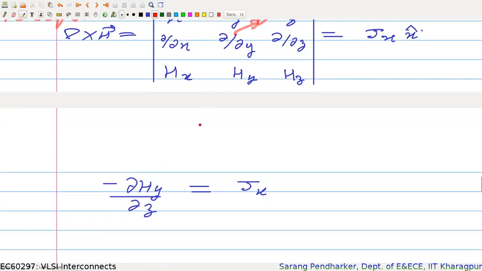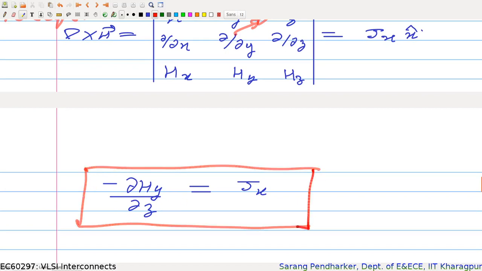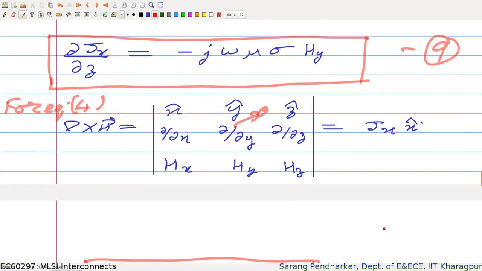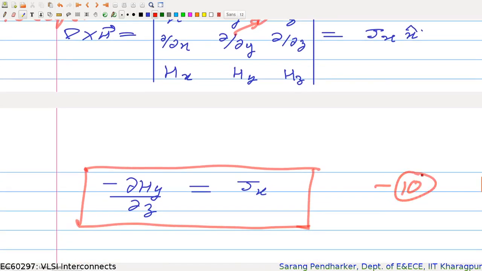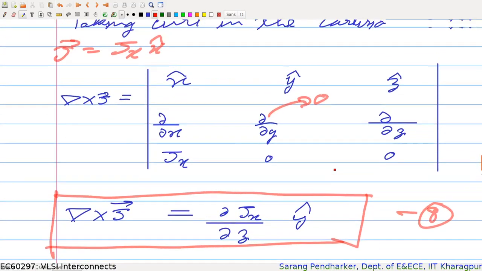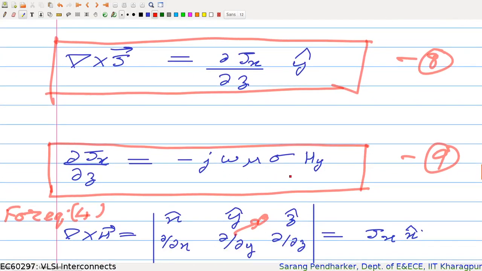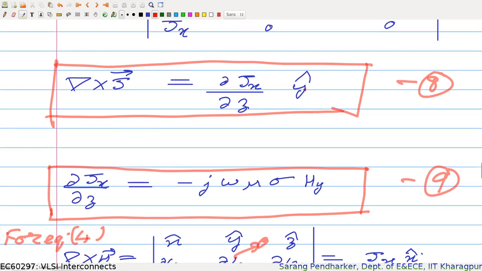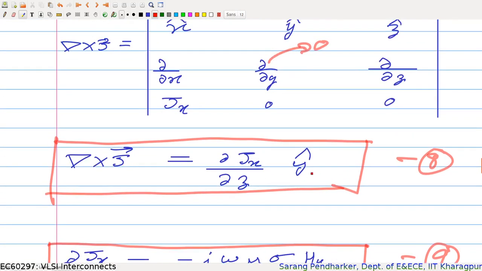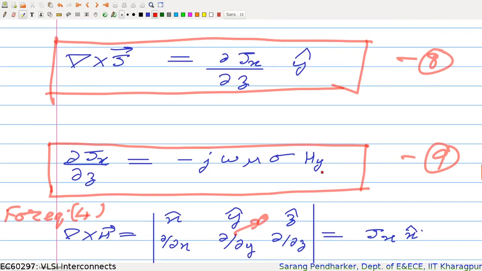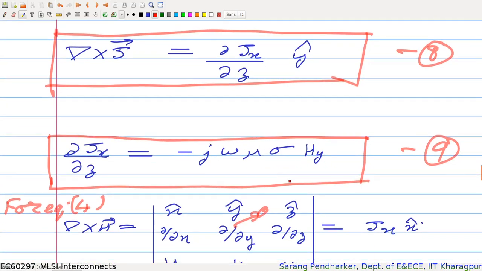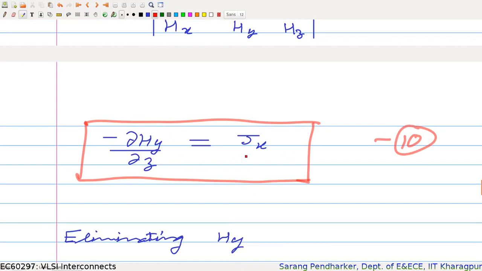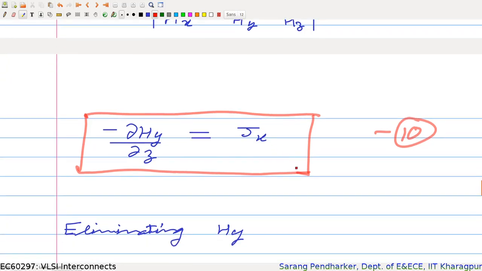If I do that, I will get this as my equation. This is equation number 10. Note that from here you can see that there is only the y component of your magnetic field, because curl of J is only in the y direction. So only the y component of my magnetic field is non-zero, and that is also seen here, that only the y component is present and only the Jx term is here.